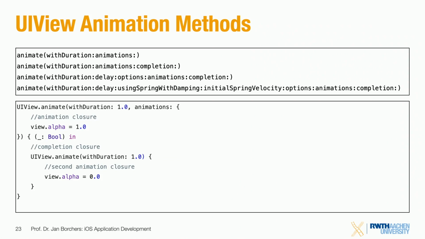But what you see here is now I have an animation of a view that first, over a time of 1 second, goes to an alpha level of 1.0. And then after that, there's a completion closure that actually, over another second, fades to alpha value 0.0. And this, I admit, is hard to parse visually, right? This looks pretty ugly, but this is when you have to supply multiple animations that need to be happening one after the other, right?